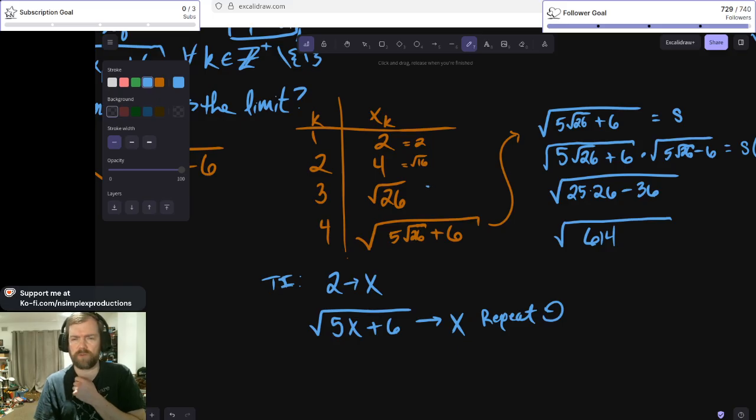So root 26 is just barely greater than 5. 5 square roots of 26 is going to be about 25, just a little bit more. Plus 6 is going to get us 31, a little bit more. And then we're taking the square root, so it is going to be less than 6.